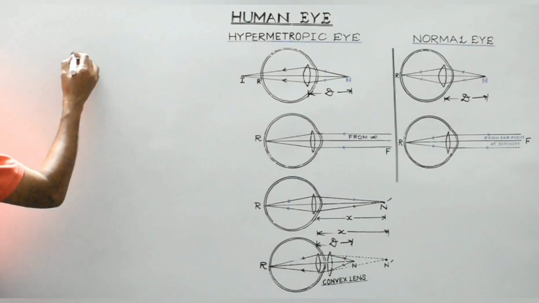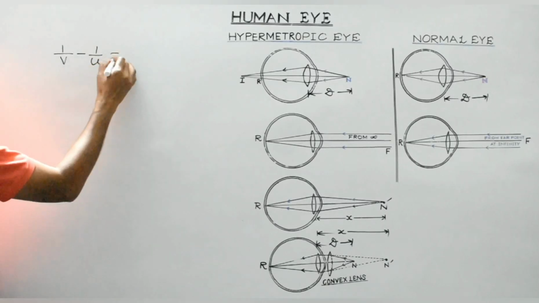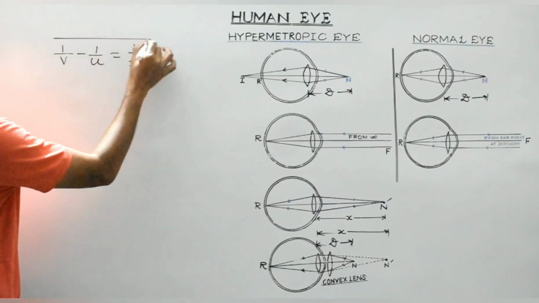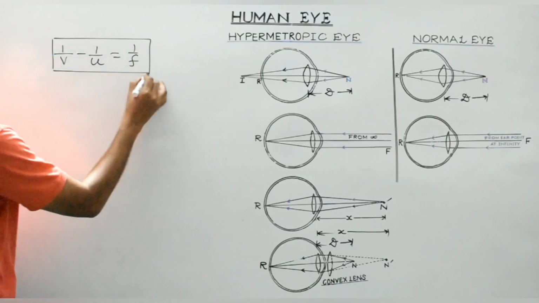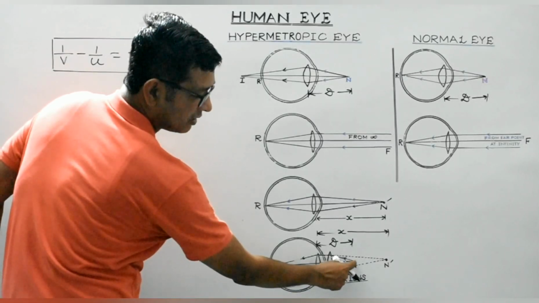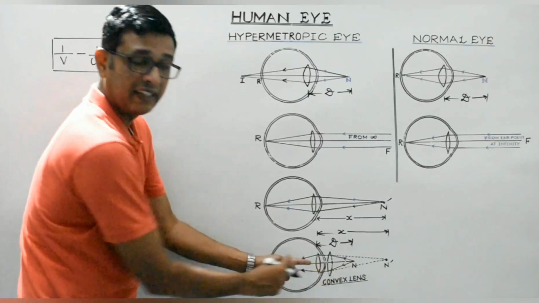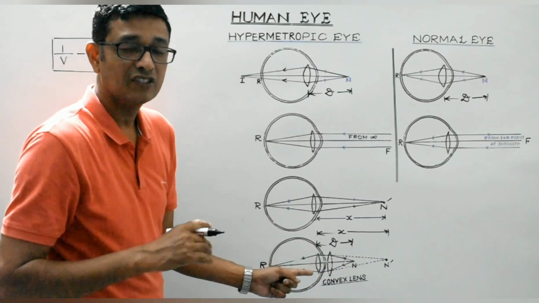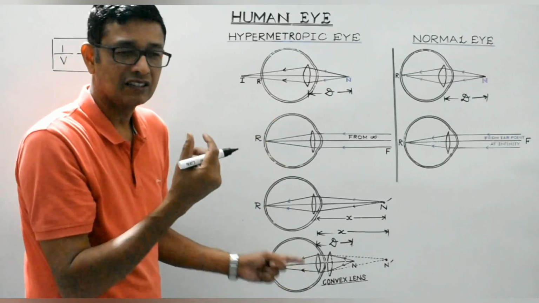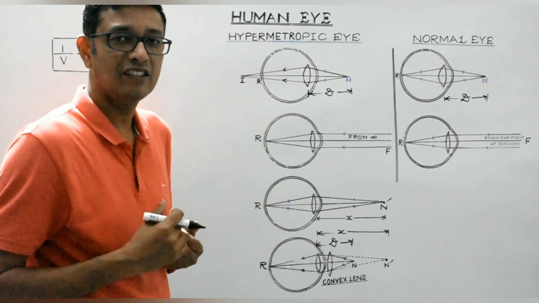So, from the lens equation we are aware 1 by v minus 1 by u is equal to 1 by f. This is the lens equation, we are very much aware of it. Now, in this case, for this lens, this will be the object. This is where it is placed. And we are considering the spectacle lens and the eye lens. They are placed very close, obviously, isn't it?